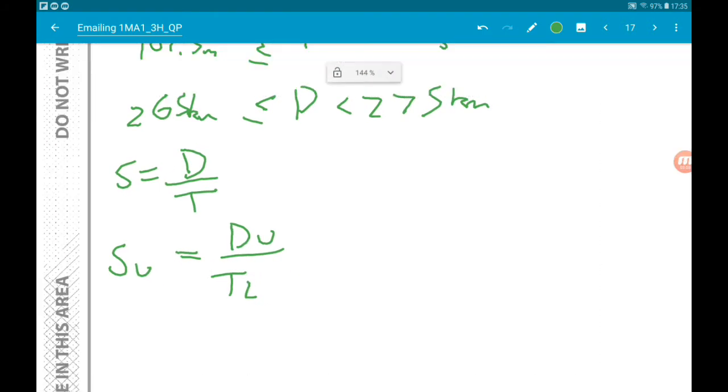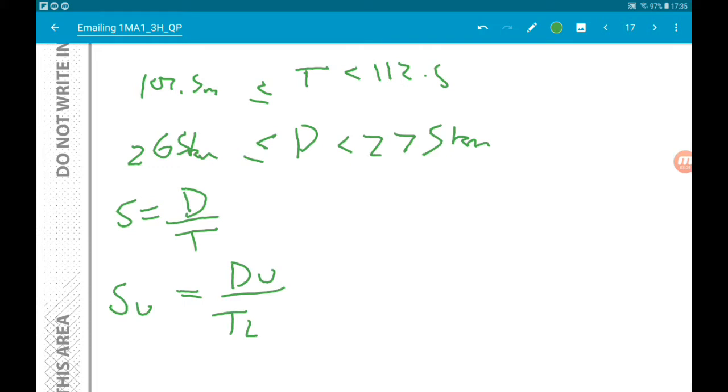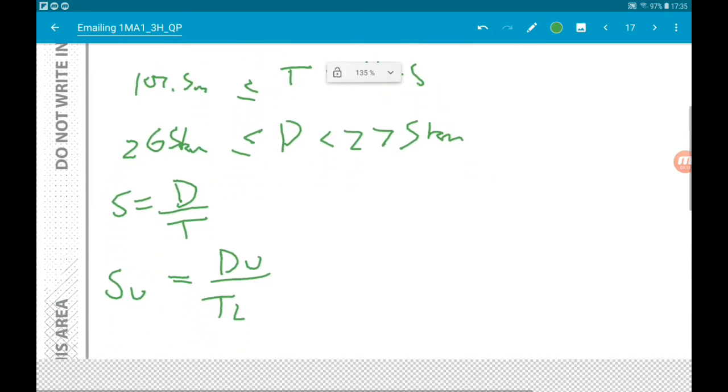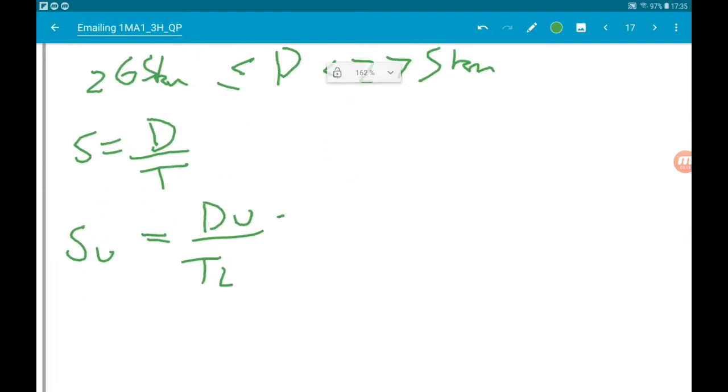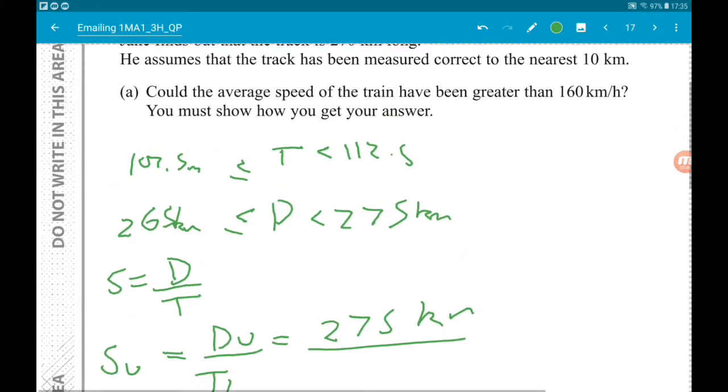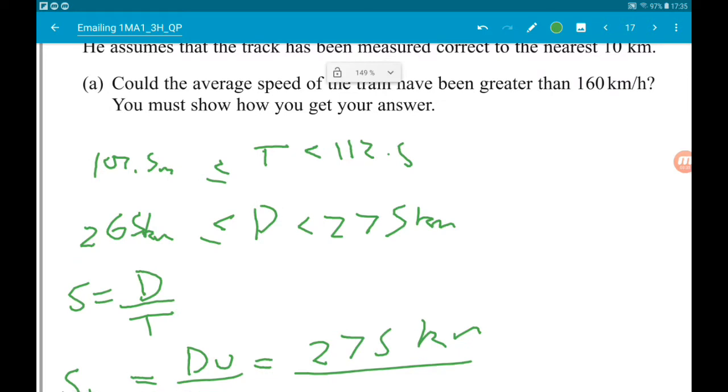Now then, we know that the upper bound for the distance is 275 kilometers. Now, we want kilometers per hour, so we need to turn the lower bound for the time into hours. So to do that, we divide by 60.